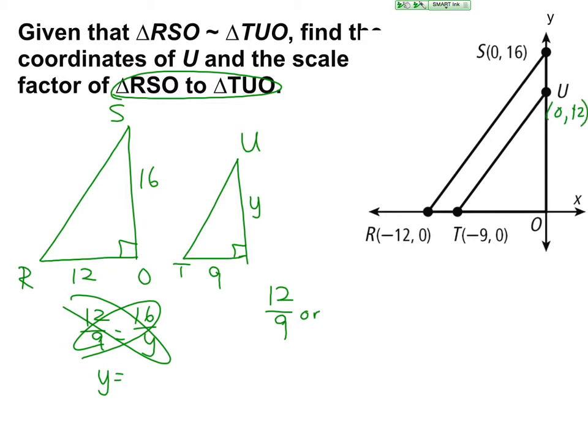Okay, or 16 to 12. So you can reduce the scale factor. You're getting the scale factor from the sides of the triangles. I'll give you just a quick preview there. You're doing the triangles of similarity.